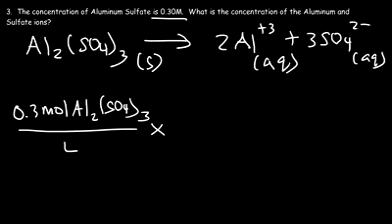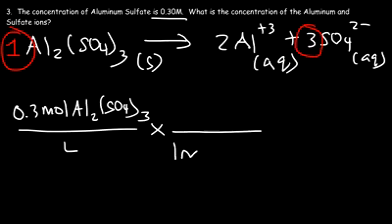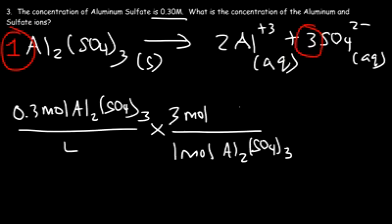Now we can use the molar ratio to convert from, I'm going to use sulfate as an example. So from aluminum sulfate to sulfate, it's a 1:3 ratio. So for every 1 mole of aluminum sulfate that dissolves, 3 moles of sulfate ions are released into the solution. So the unit moles of aluminum sulfate will cancel.